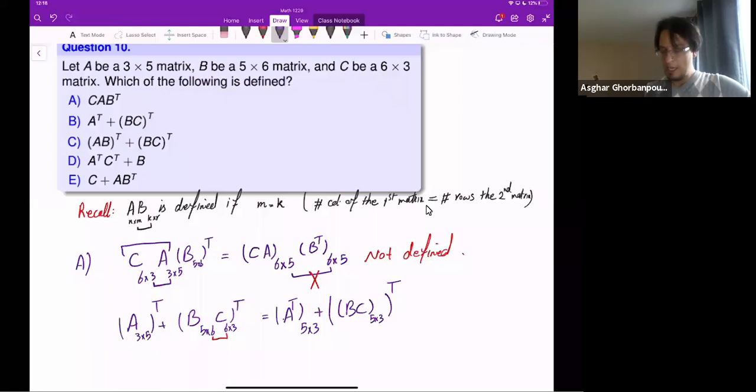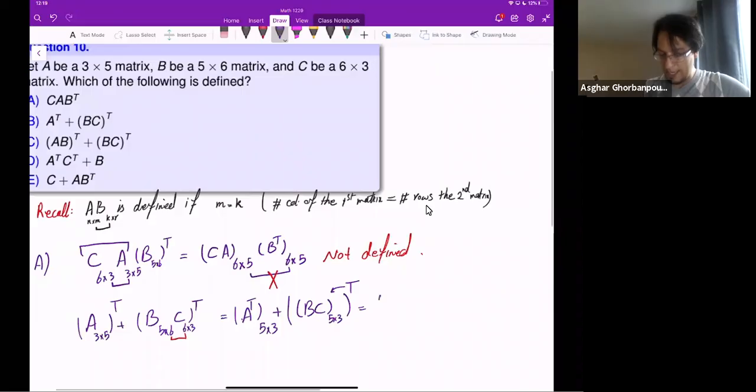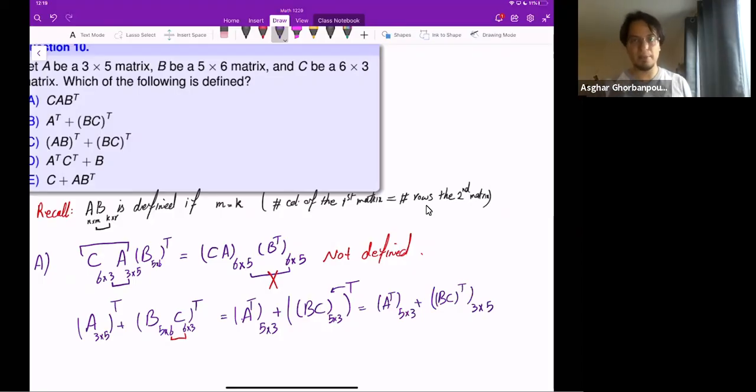So far, so good. But then the second entry I want to bring in. So A transpose is 5 by 3 plus. When I apply the transpose to BC, the number of rows and columns, which before was 5 by 3, will change. So it will be 3 by 5. Now I have two matrices. One is 5 by 3 and the other one is 3 by 5.